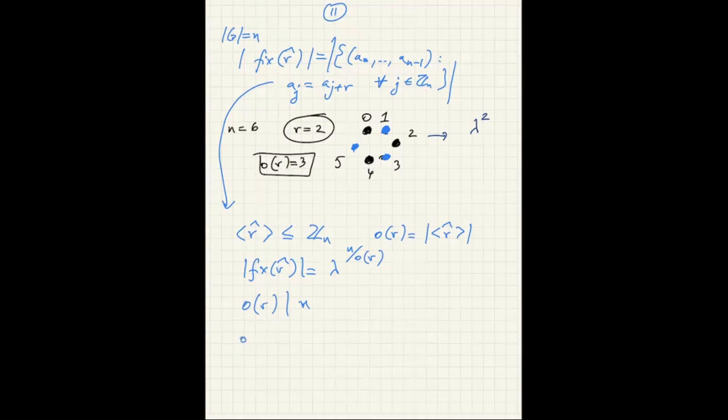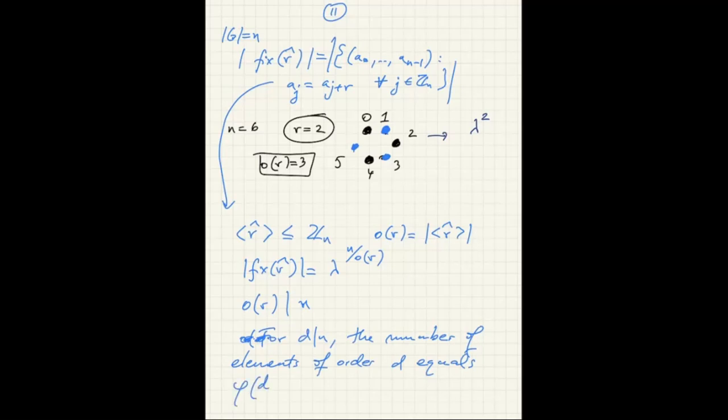And if you fix the order, so for d dividing n, the number of elements of order d equals phi of d, Euler's indicator function.